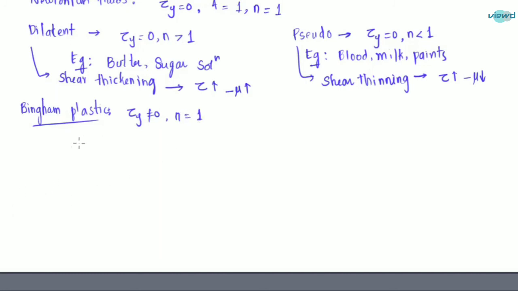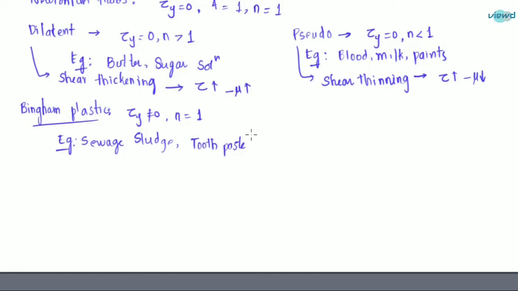Examples: sewage sludge and toothpaste. For this, initial shear stress should be applied so that toothpaste comes out.